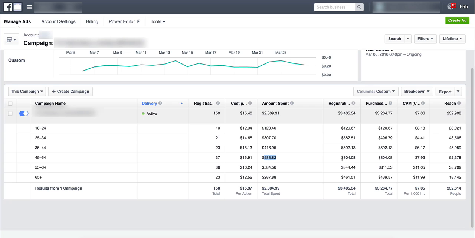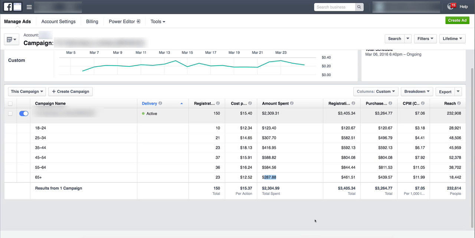That's okay. It's not great, but it's not amazing. Same thing with 55 to 64-year-olds. Not great, but it's okay. And then 65 plus year olds, we almost hit 100%. Well, not 100% ROI, but our ROI is a little bit better here.